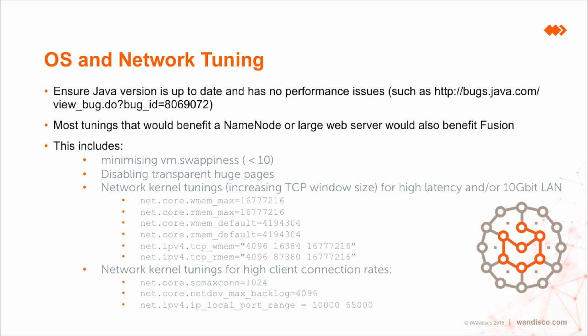Most tunings that would benefit a name node or a large web server should also benefit Fusion, and this includes some of the following attributes like the swappiness size, disabling transparent huge pages, some network kernel tunings, and some network kernel tunings for high client connection rates. As you can see here on the slide, these can all be effective in tuning operating system and network performance issues for Fusion.